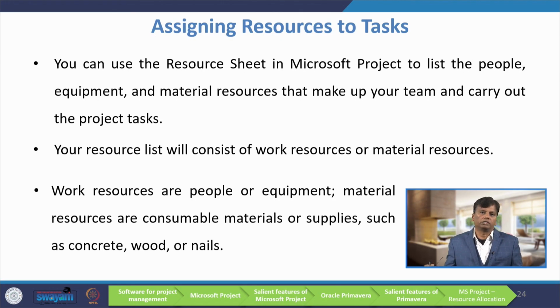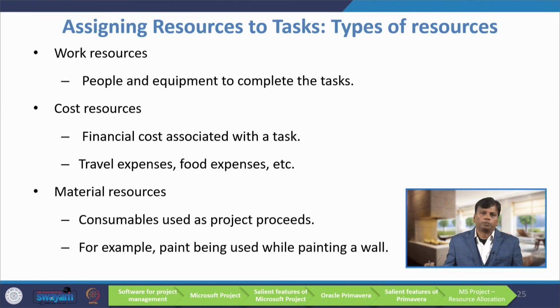Work resources are people or equipment; material resources are consumable materials or supplies such as concrete, wood or nails. Further explanation of work resources: for example, people. For a project manager, we can see whether 100% of his full time is going to be used on this project, or only 50%.